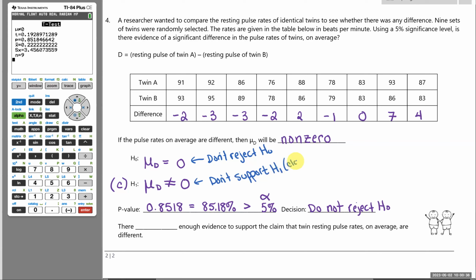That was our claim. So at least based on these 9 twins that were in the study, I'm going to say that there is not enough evidence to support a claim that there's a difference in resting pulse rates among twins.